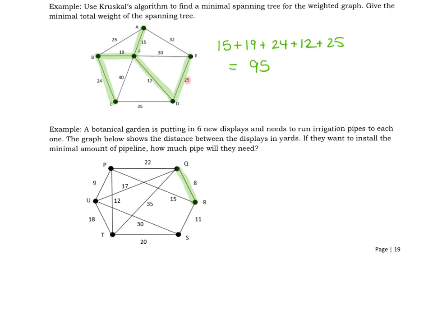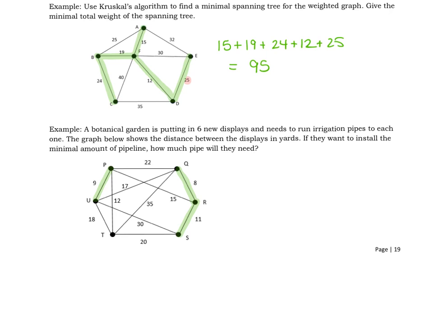The next smallest weight is U to P with a weight of 9. The next smallest weight is R to S with a weight of 11. Again, we're not creating a circuit. We haven't used any edge twice, or any vertex twice, so we're good to go there. The next smallest weight is 15.